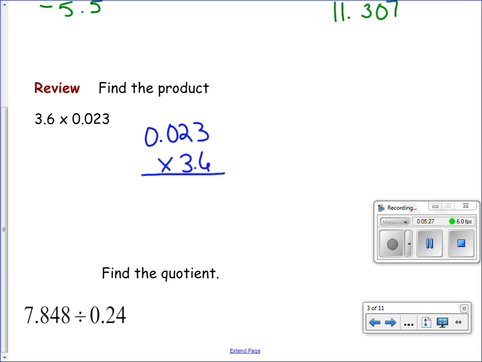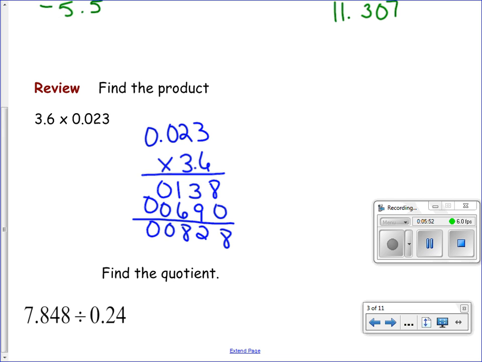We have 0.023 times 3.6. Multiply that as you would whole numbers. Do that now. I multiply that just as I would a whole number.